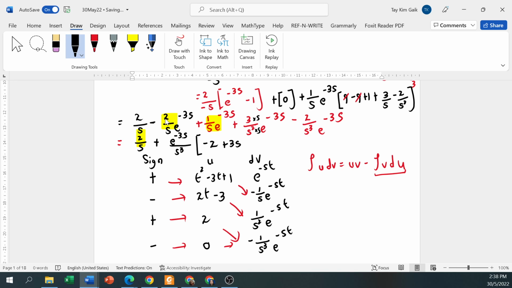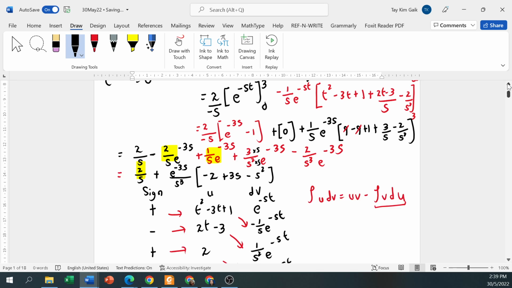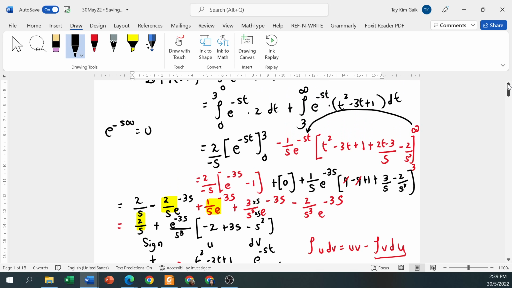This one is negative 2 over s plus 1 over s, so you get negative 1 over s. You want to make it become s cubed, you multiply by s squared, so negative s squared. Let me check. There's a mistake there. Sorry, this is positive.